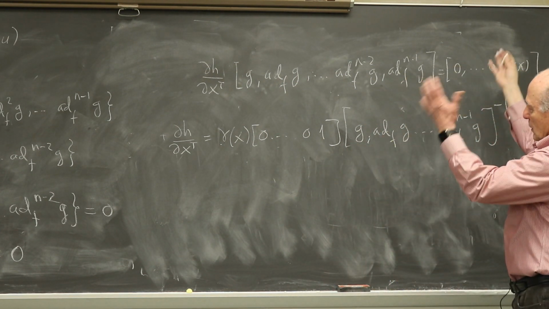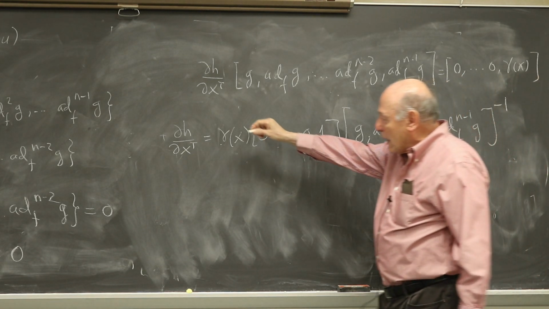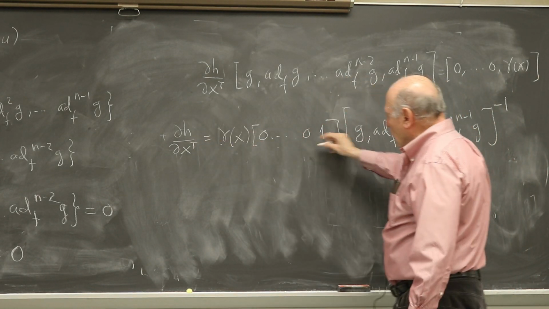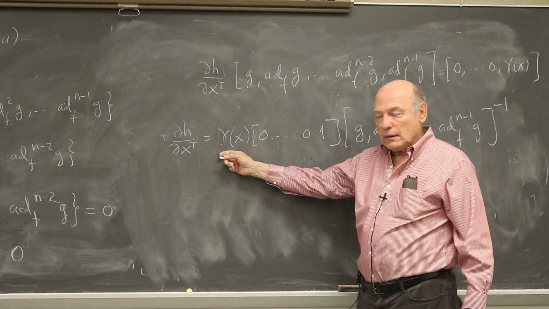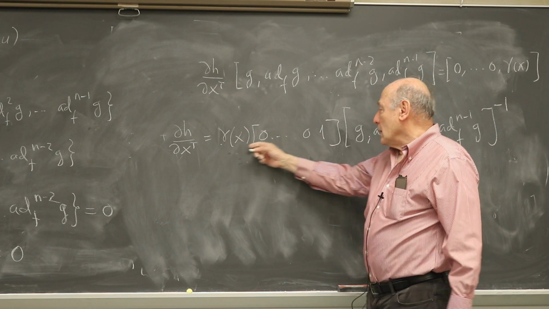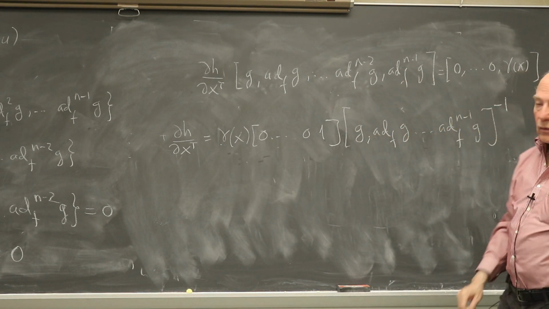From this equation I solve for the partial of h with respect to x, and you will have that the gradient of the flat output will be proportional, by a proportionality factor which is completely arbitrary, to the last row of the inverse of the controllability matrix.